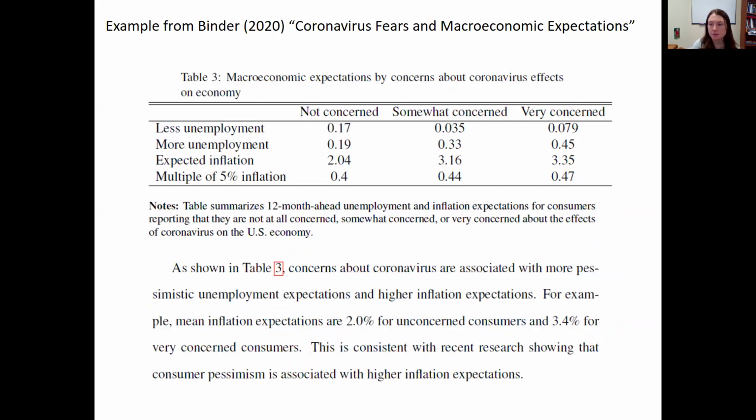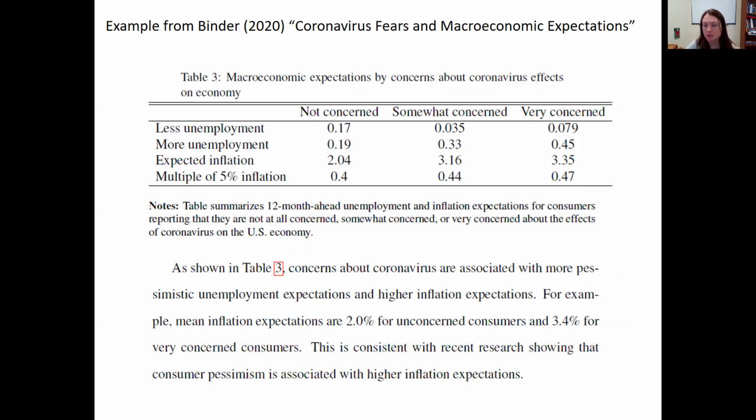So let's go back to that example table that I showed you from my own recent paper. Here's where I started talking about that table in the paper. As shown in Table 3, so you see I've introduced that there is a Table 3, concerns about coronavirus are associated with more pessimistic unemployment expectations and higher inflation expectations.